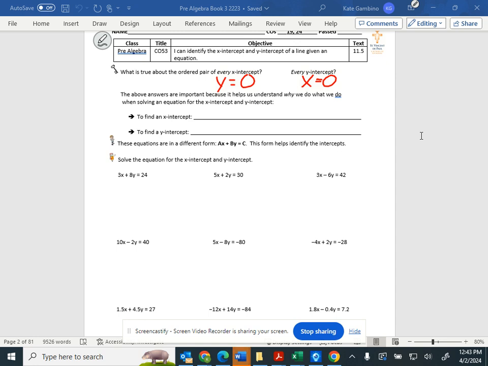So the above answers are important because it helps us understand why we do what we do when solving an equation for the X-intercept and the Y-intercept. So to find the X-intercept, we solve for X when Y equals, what do you think? What are we going to put in for our Y value?